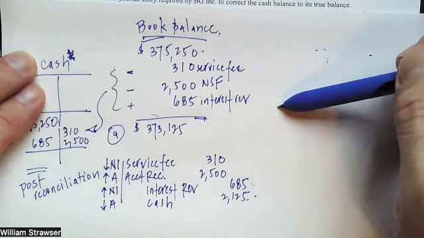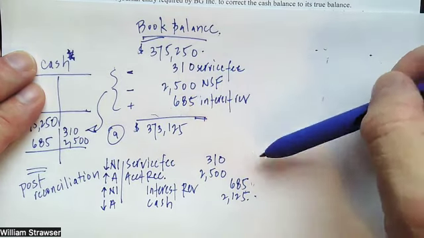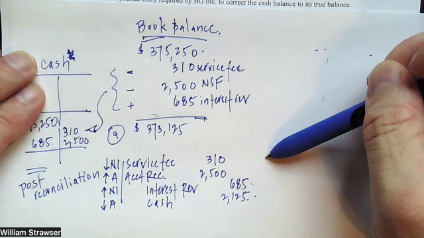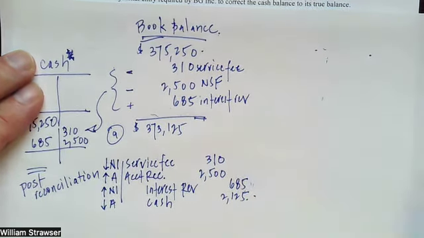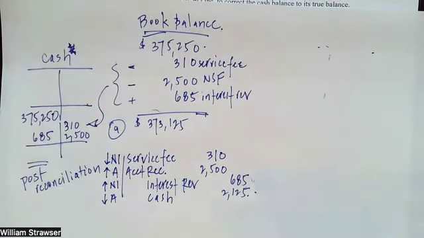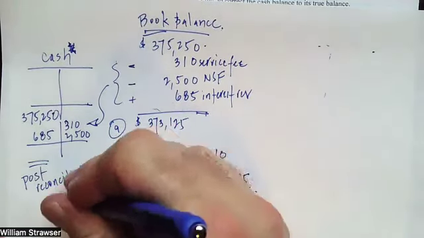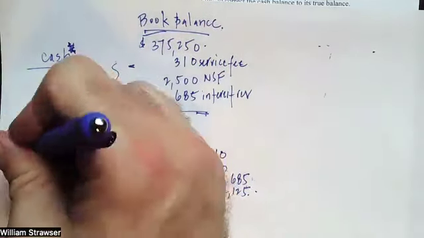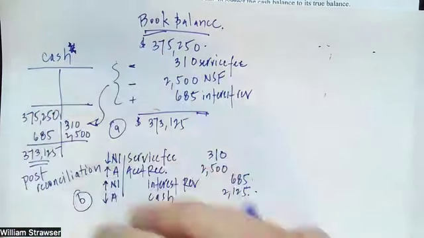Debit accounts receivable, credit cash for 2,500. Debit cash, credit interest revenue for 685. Any way you want to do it, as long as you have the correct amounts debited and credited, you can break it out, you can pull it together, it doesn't matter to me. But that is the journal entry we would make as a result of this reconciliation. This will bring me down to the desired post-reconciliation balance, 373,125.